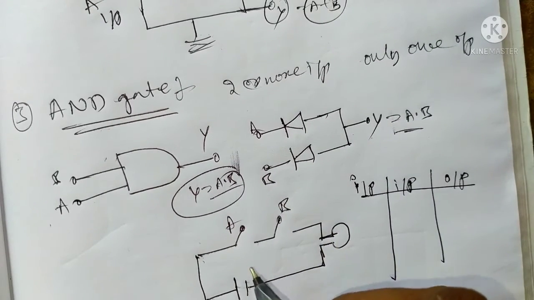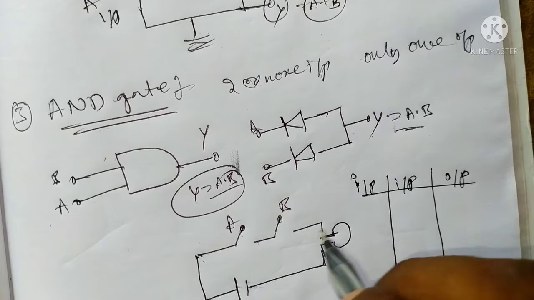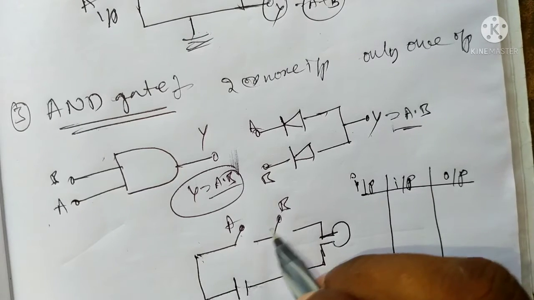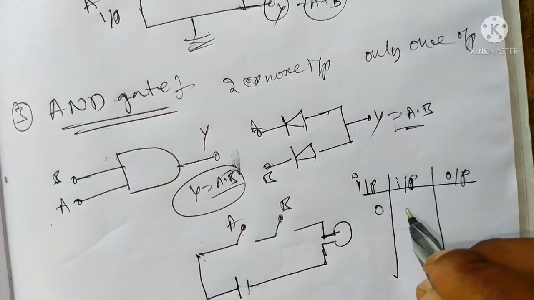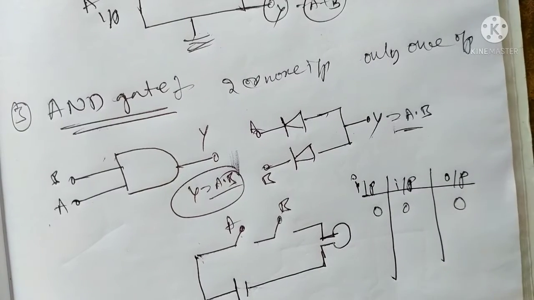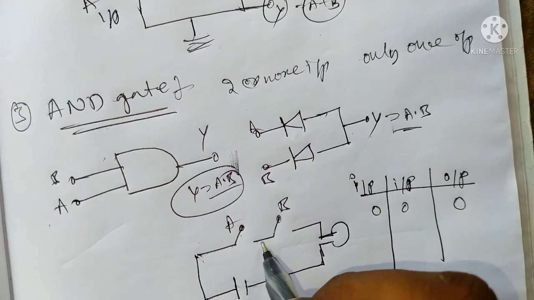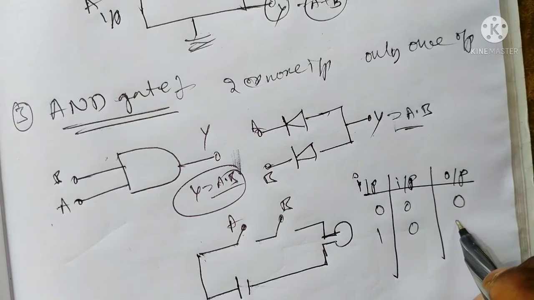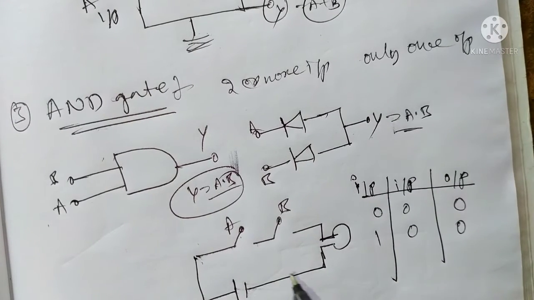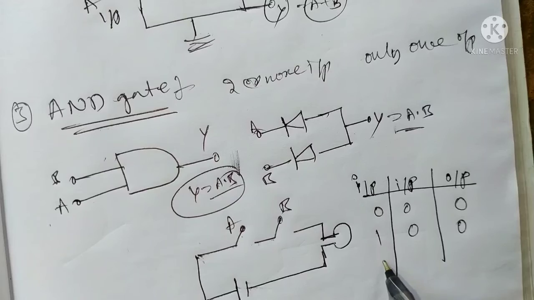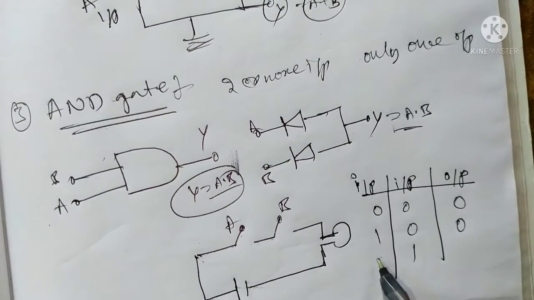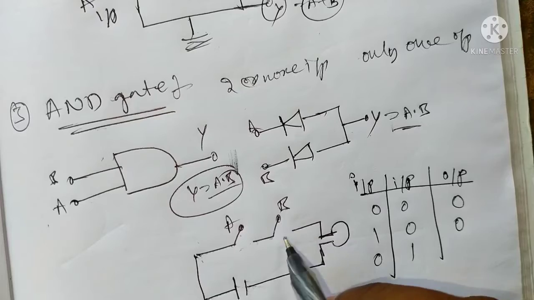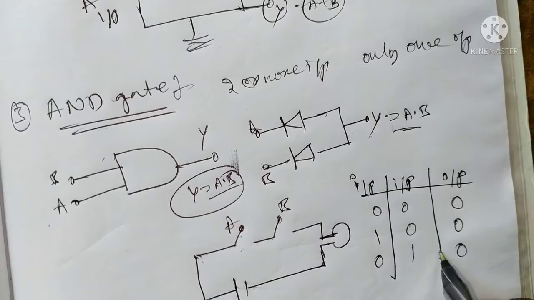Suppose A is open, so the circuit is off and the output is 0. Suppose B is on and A is off, there is no flow of current, so it is off.